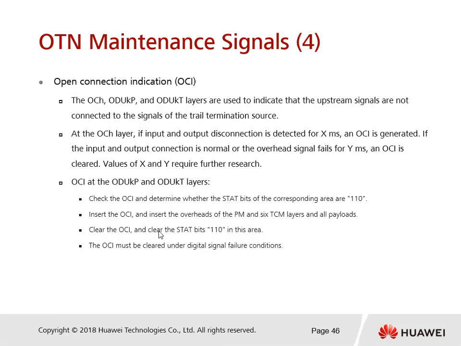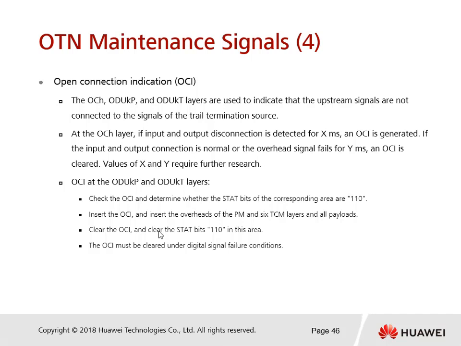And next, we introduce another OTN maintenance signal, that is OCI, meaning open connection indication. As you can see here, the OCH, ODUKP, and ODUKT layers are used to indicate that the upstream signals are not connected to the signals of their trail termination source. First we analyze the optical layer.